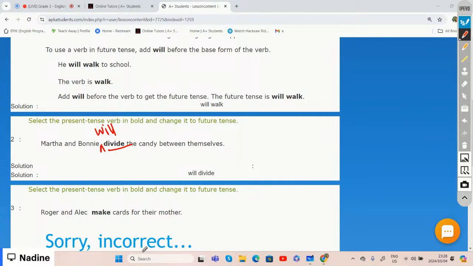And if we look at the next one, Roger and Alec make cards for their mother.